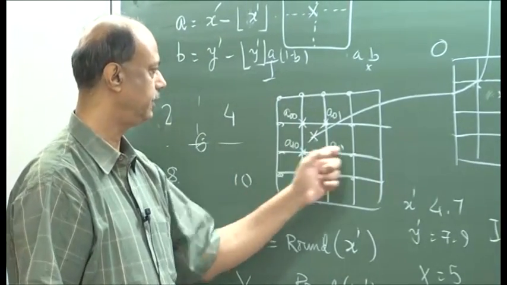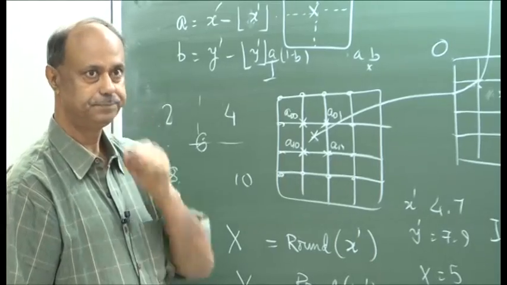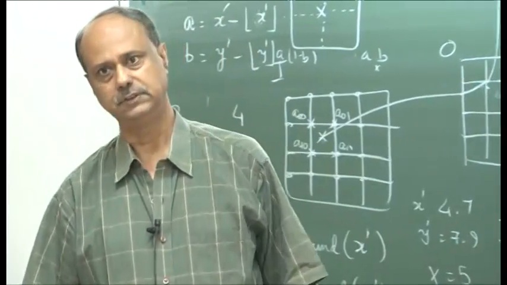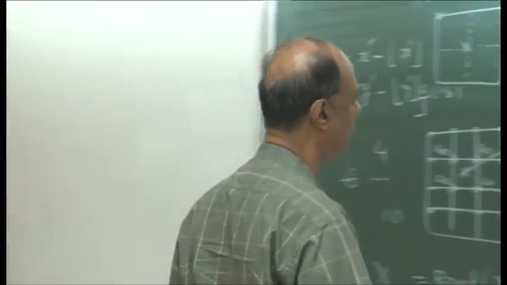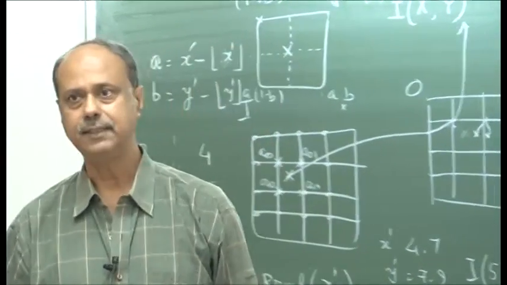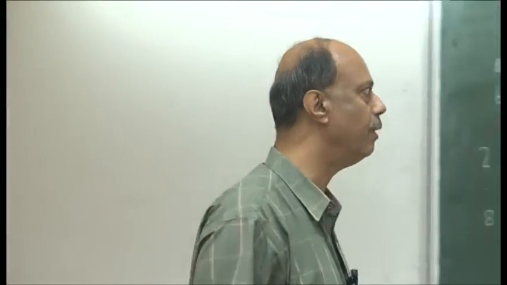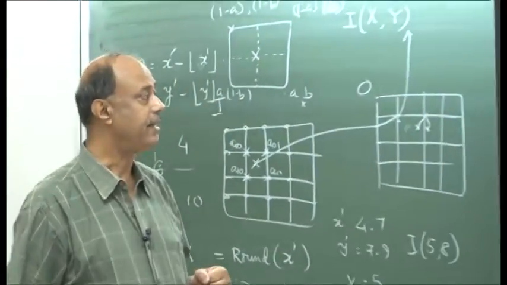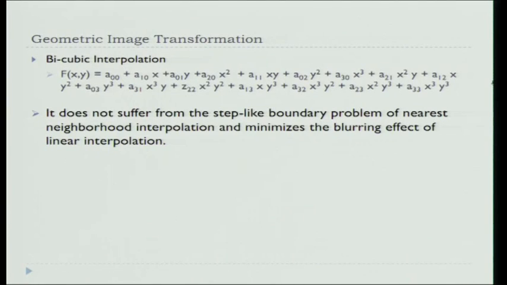The same idea we used for bicubic also: I give corresponding weights and then you get the value. Since linear interpolation reduces step-like boundary problems, the cubic one will obviously reduce them further. There is no ambiguity. Now, the blurring effect in linear interpolation, because only 4 points are taken, was making the image dull.